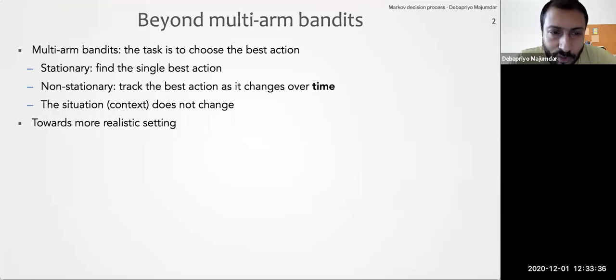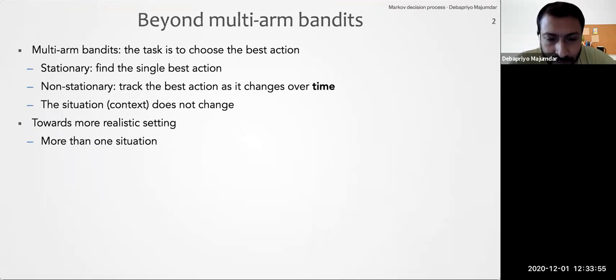So towards a more realistic setting, there can be more than one situation. Just imagine that for anything you want to do, the same action may not be the most beneficial in all places, even looking at the long term. So depending on the situation, you also want to change the action, and the time.